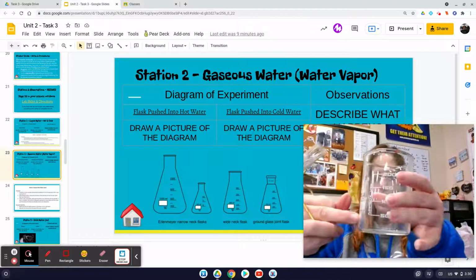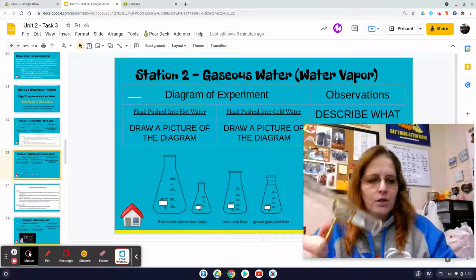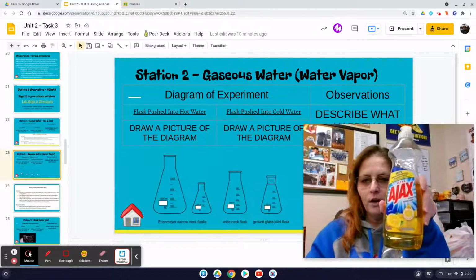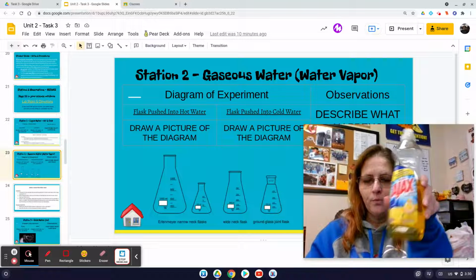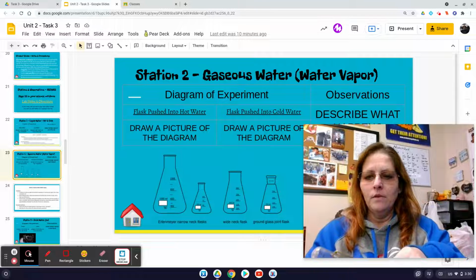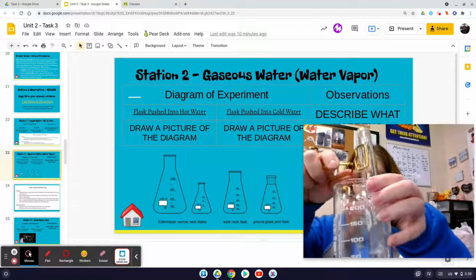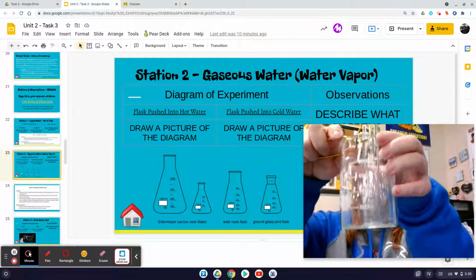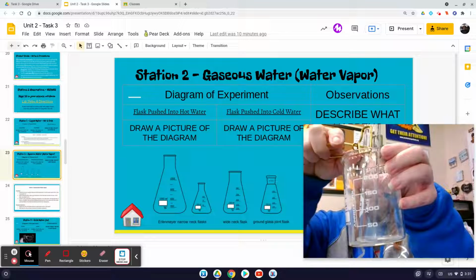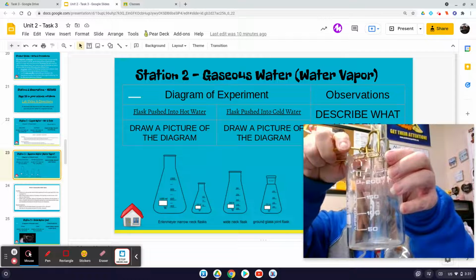Another container is going to have a bubble solution. Okay? So just soap, right? Soap doesn't taste good, so don't eat it. So you're going to dip your flask in the solution so that the bottom of it has liquid on it, has the bubbles on it, okay?